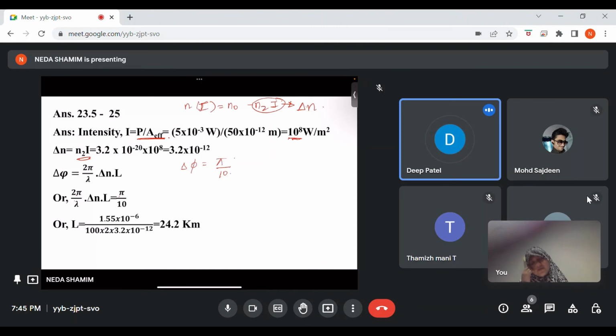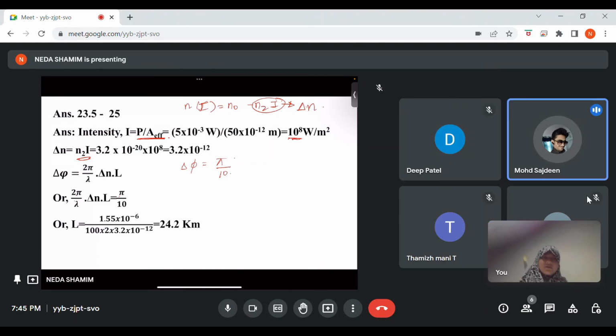Ma'am, what is the symbol of Kerr index? N2. N2 is the Kerr index. Here I have written it. Forget about the Kerr coefficient right now.